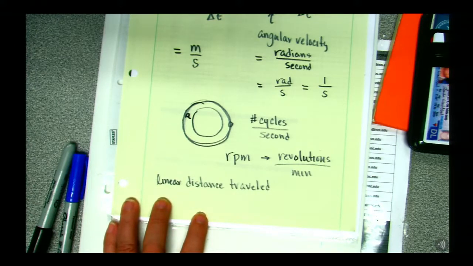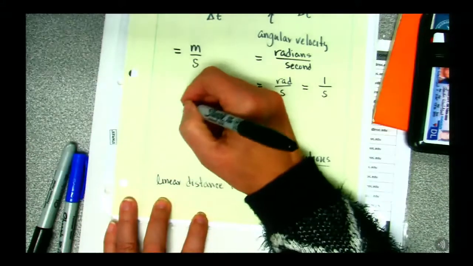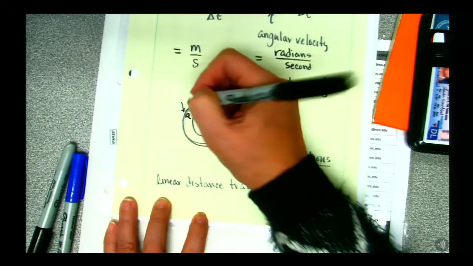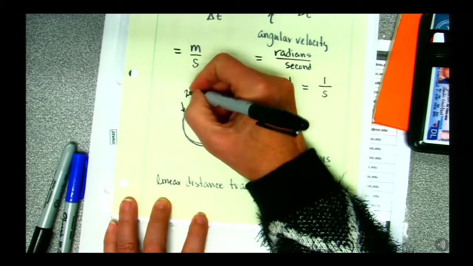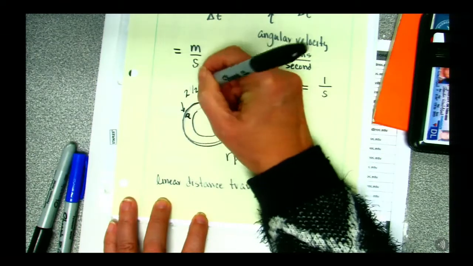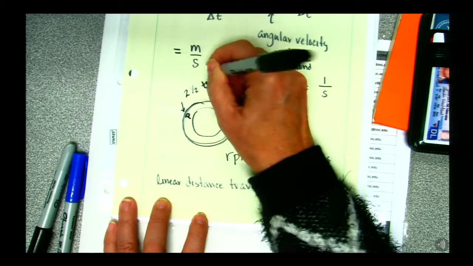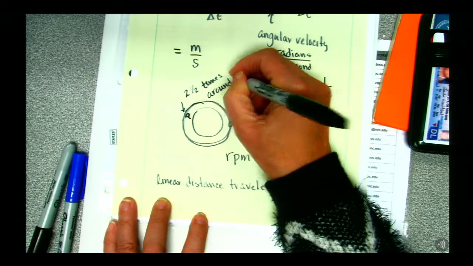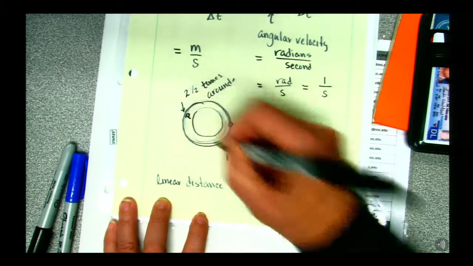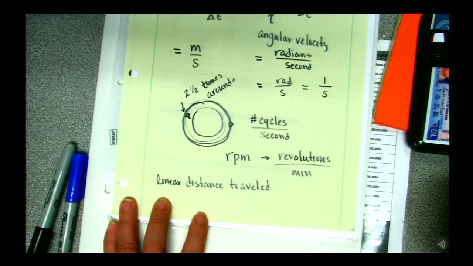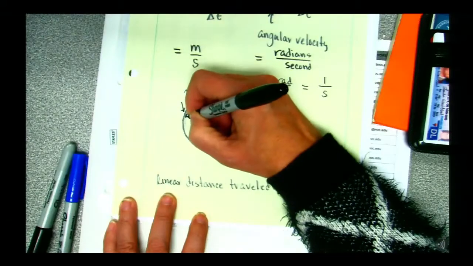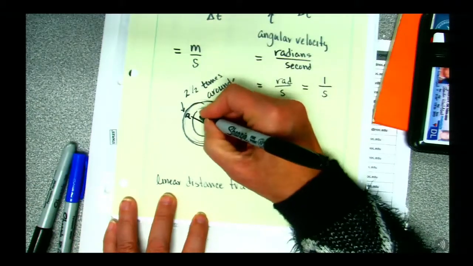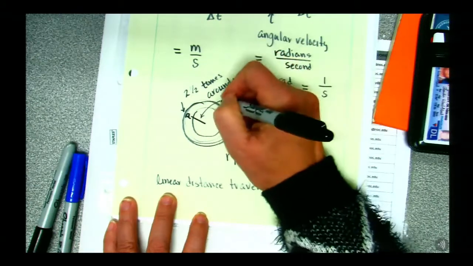We're going to say that this Pirelli tire travels 2.5 times around the circle. We want to know the linear distance traveled. And we're going to use that this tire is 10 inches. It's going to be an interesting tire, but we use 10 inches.